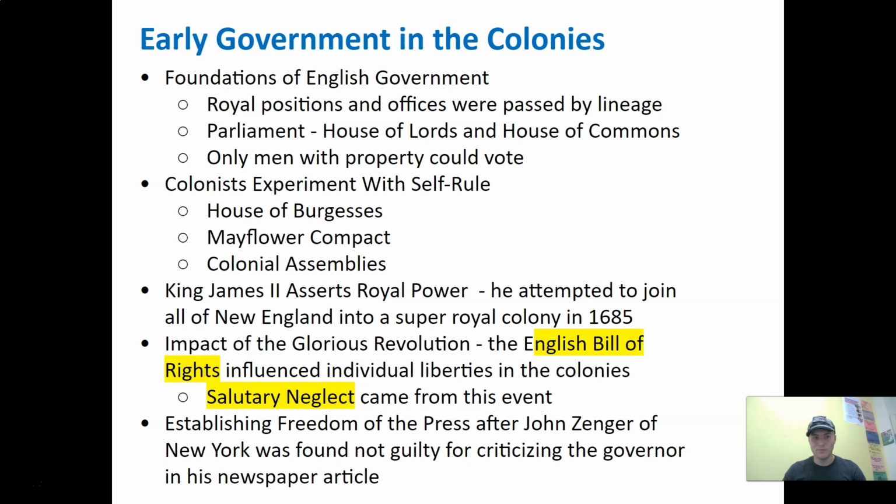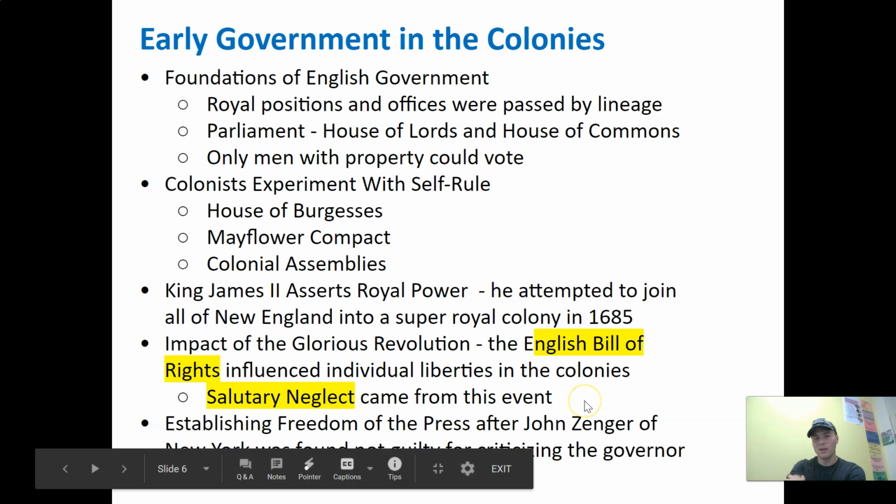You can trade with France, you can trade with Spain, you can hire privateers to attack Spanish and French ships for all I care. But that was the idea of salutary neglect, was allowing the colonies a little flexibility in order for them to benefit the mother country, England.